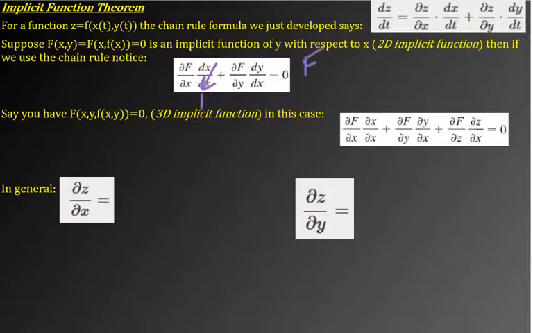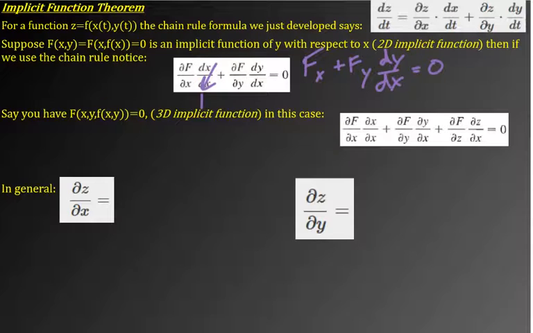So I'm going to write this a little bit differently, just for simplicity. So f with respect to x plus f with respect to y times, this is not actually a partial, this is specifically a normal derivative, dy/dx equals 0.